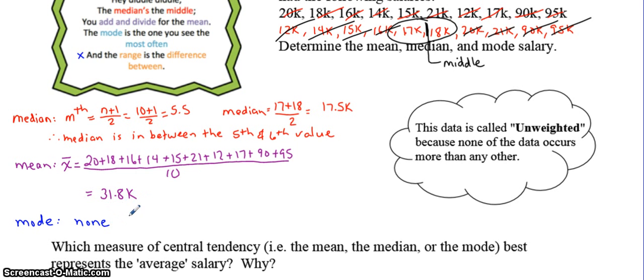There is no mode. So do you think the mean or the median better represents these values? Hopefully you can see that the median better represents the middle of these values, because if you use 31.8, there's only two numbers that are higher than 31.8. So using the median in this case would better represent the data, and that is because you have these two very high numbers, which are called outliers.